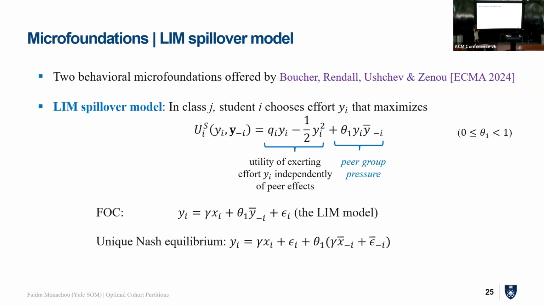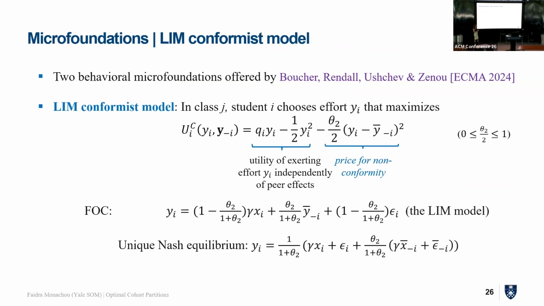But they also use the conformist model, where we have a quadratic factor to represent the price for not conforming to the peers' behavior. In both cases, the first order condition gives us the linear-in-means model from the empirical literature, and we can also find uniqueness.